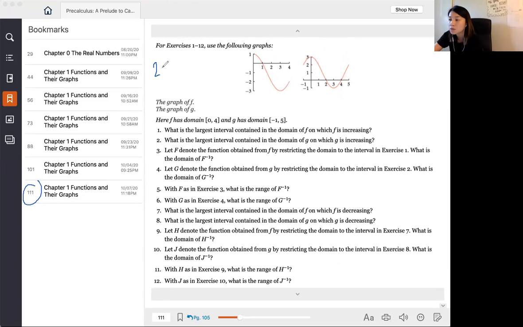It's from 2 to 14, even. It seems like it's a lot of questions, but it's not. It's the first 8. Actually, the first 10 is gonna be really easy. And you're only looking at this graph. Oops. This is your G function. Okay, just looking at this graph right here.